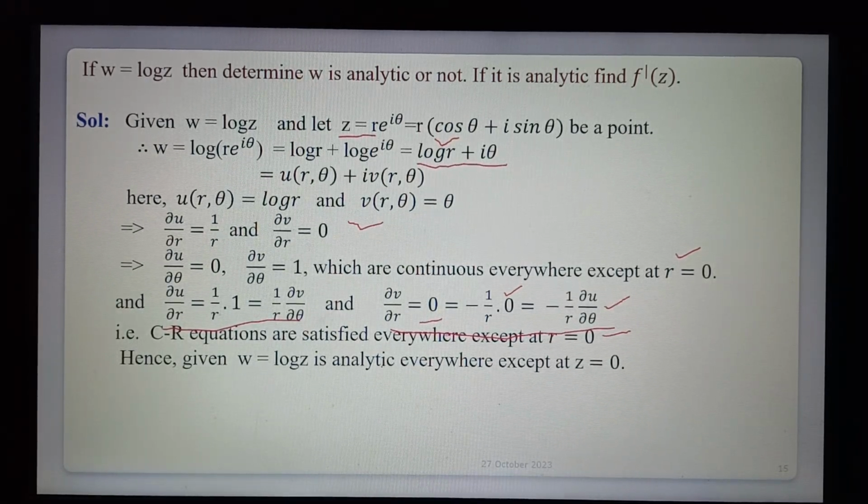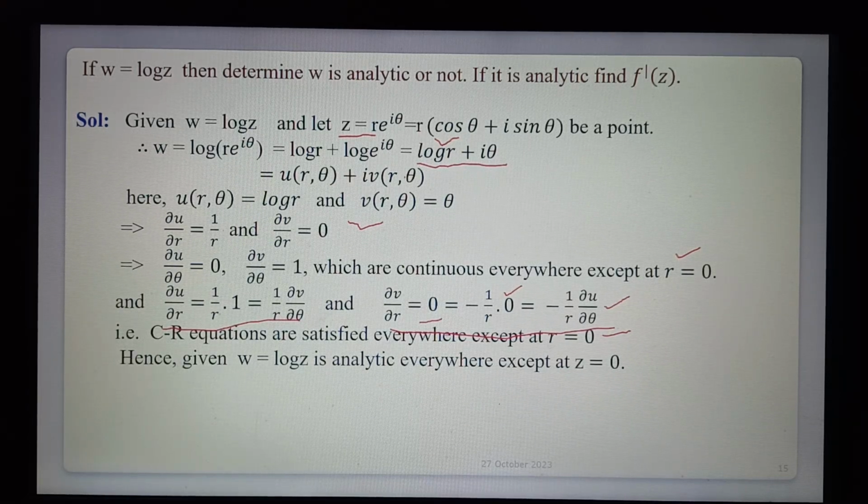So the given function is analytic everywhere except at 0. At every other point it is an analytic function. If z is equal to 0, it is not analytic. Everywhere the function is analytic except z is equal to 0.